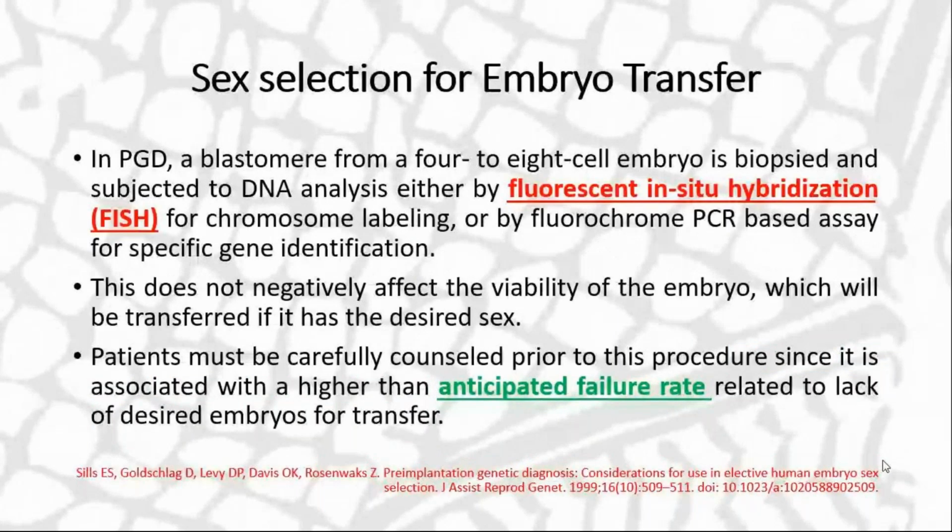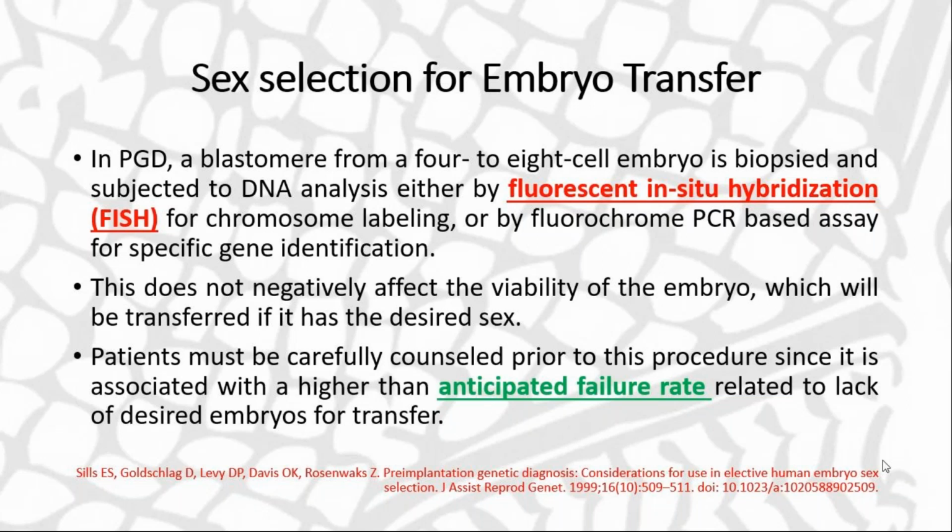Sex selection for embryo transfer. This is the case of PGD, the preimplantation genetic diagnosis, where we take a blastomere from the 4 to 8 cell embryo biopsy, and then examine this blastomere using fluorescent in situ hybridization for detection of a specific chromosome, or sometimes a PCR-based assay for specific gene identification.